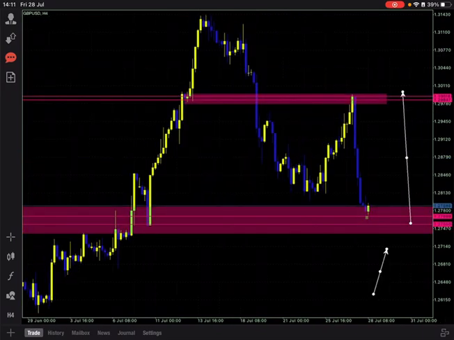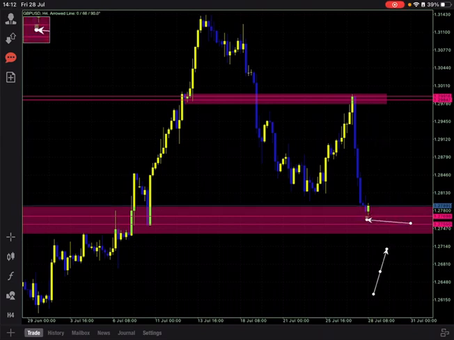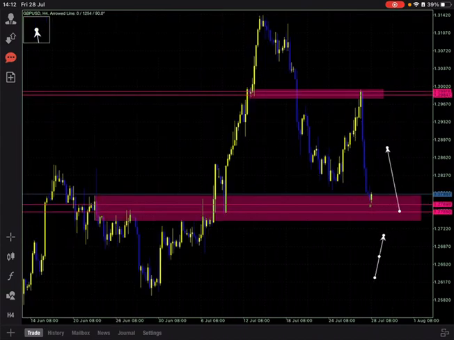This zone of sellers was so strong that it caused the price to drop from this key level down to this key level, 200 pips consecutively, right? It took 1, 2, 3, 4, 5 H4s to go from our sell zone to our buy zone. So that is why I'm taking this as my potential sell. If it wants to come up and test this zone, this is where I will potentially look for a sell.